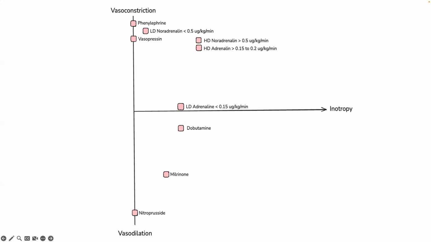If we look at adrenaline, low dose adrenaline, and low dose we mean less than 0.5, it's got little effect on your blood vessels, to slightly vasodilatory in some patients, but it's got your inotropic effect. Dobutamine will do a very similar thing, but it's more vasodilatory. And then when you start going with high doses, high dose adrenaline and high dose noradrenaline start approaching each other, and they act in very much the same way. They become indistinguishable from each other in that dosing range.